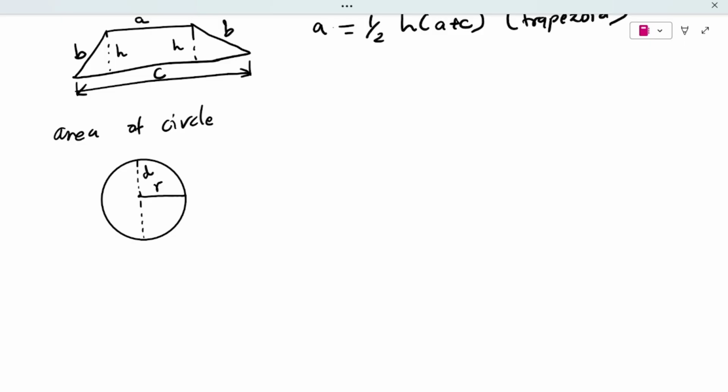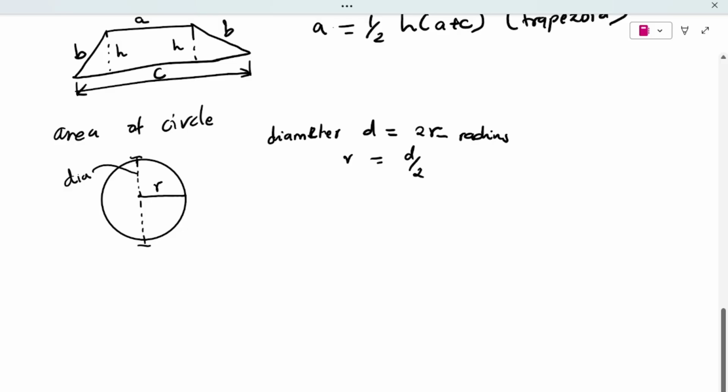I'm sorry, it doesn't look like it's cut in half, but just imagine it is. The diameter, which is D, is equal to 2r. R is the radius. So the radius is equal to D divided by 2.